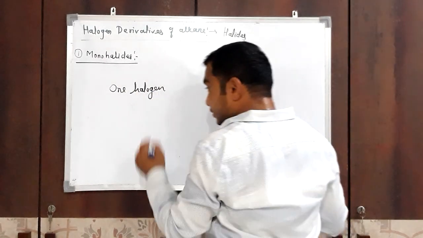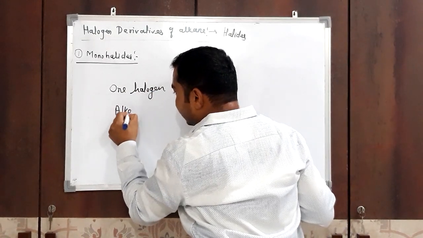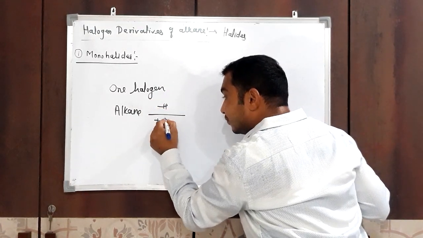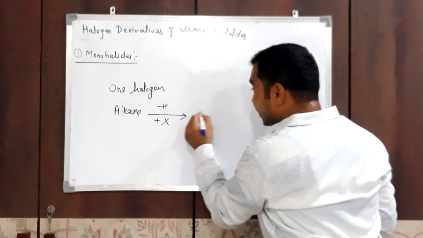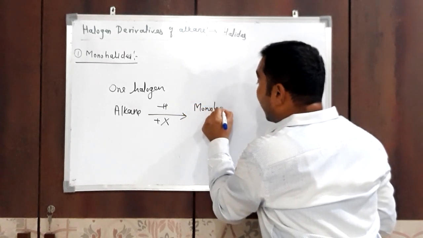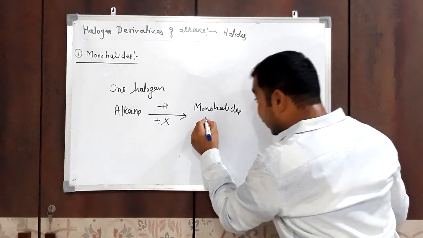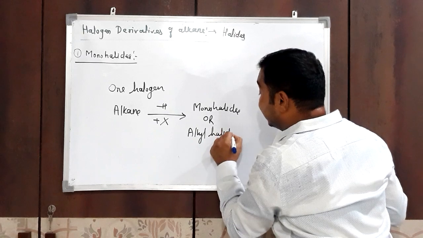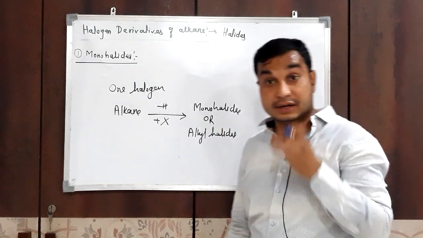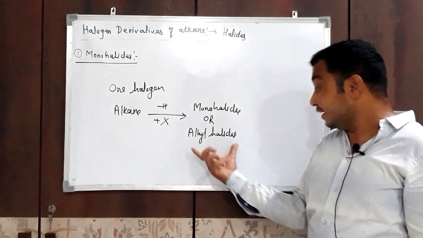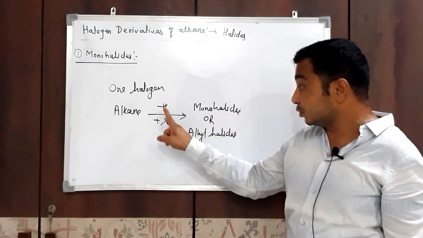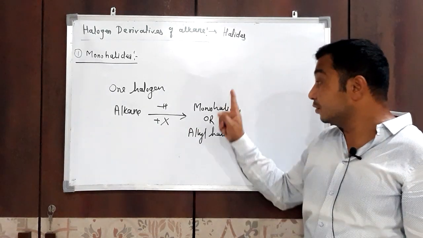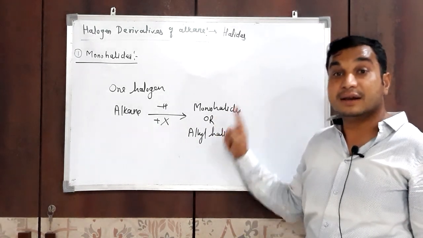Consider any alkane, and from that alkane replace one hydrogen atom by one halogen atom, then the resulting compounds are called monohalides, or simply alkyl halides. Alkyl halides are the monohalides, obtained by replacing one hydrogen atom from alkane by any halogen atom.